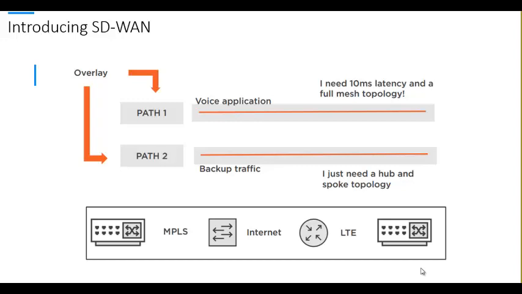SD-WAN is not going to make someone's work easy when they don't know BGP. You should have a good understanding of BGP, BGP attributes, the path selection, iteration in BGP. Only then will he be able to use it in the SD-WAN tool.